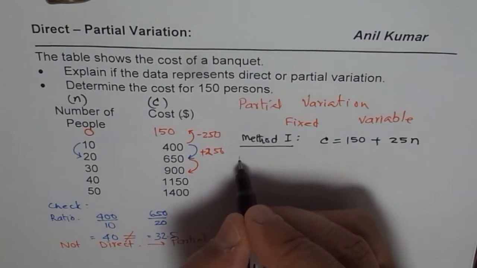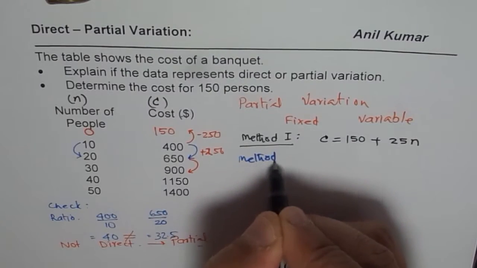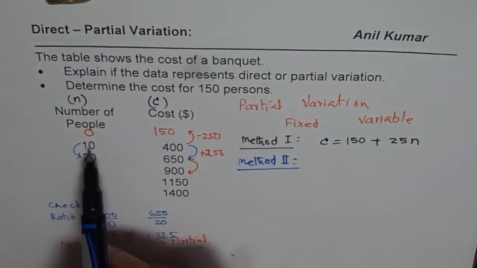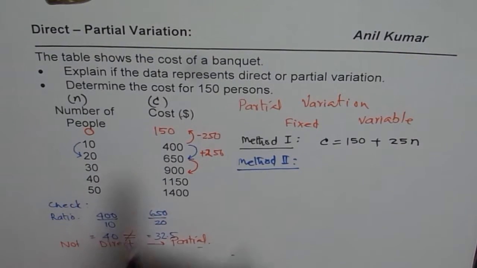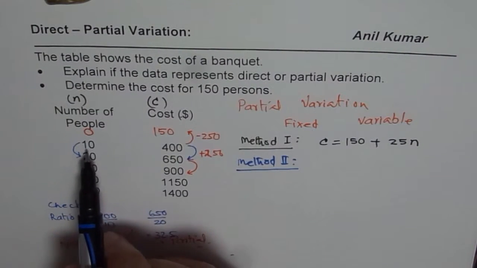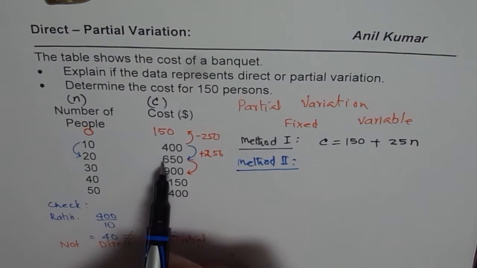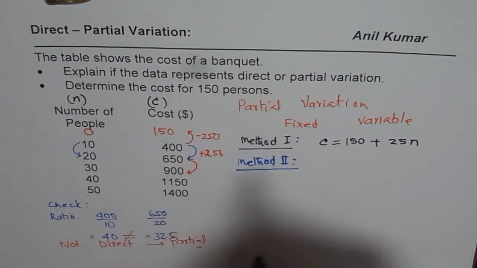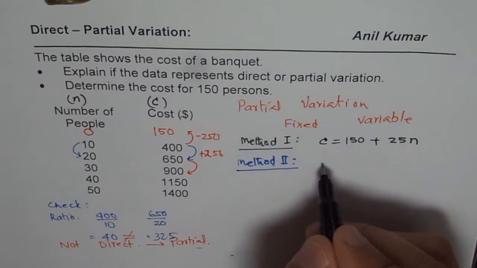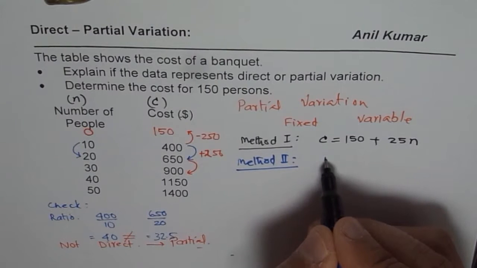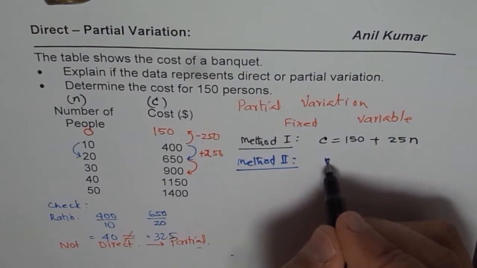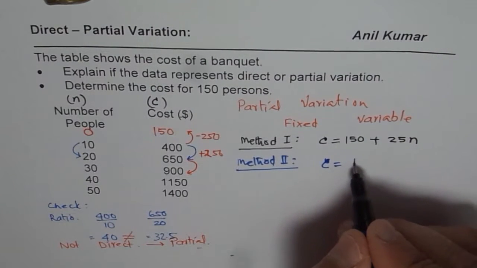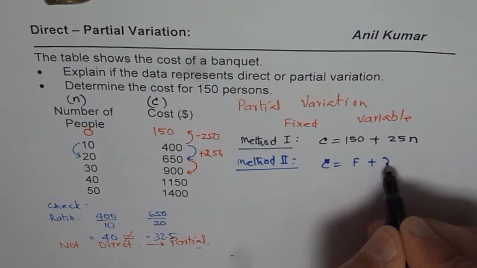Now let me teach you the second method to do the same thing. Method two. In that, we use any two sets of points. We have 400 for 10 persons, and for 20 it is 650. Since it is linear, let's use C equals some fixed cost F plus some rate R times n.